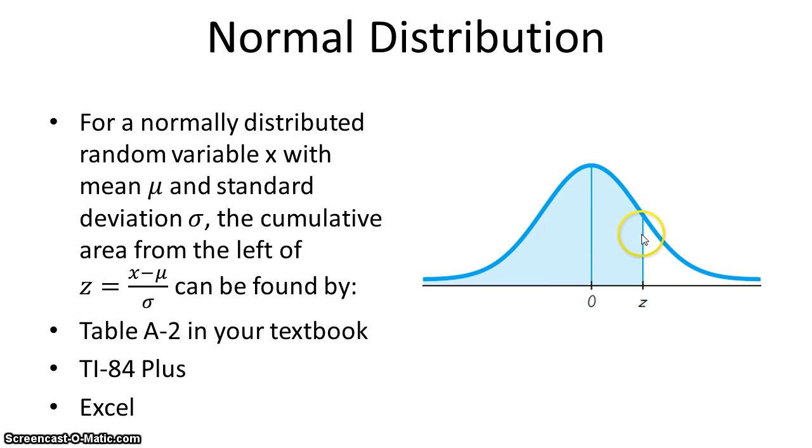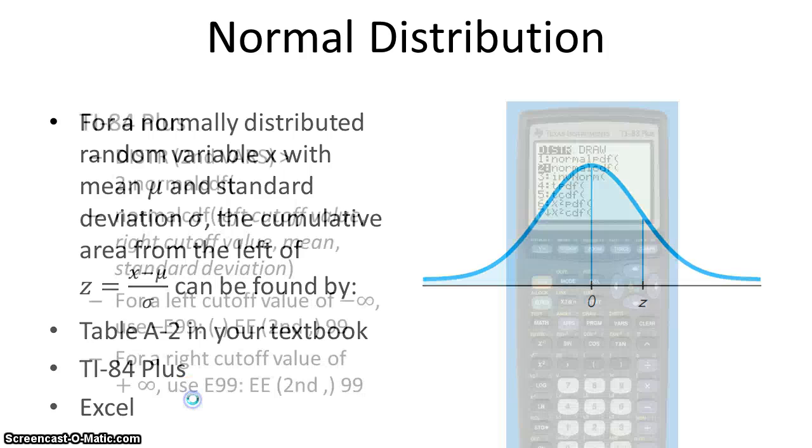So once we've computed the standard score for some value from a normally distributed random variable with a mean and standard deviation, then all of the areas will always be cumulative areas from the left. The way that we can calculate these cumulative areas is to use the standard normal distribution table in the book, or we can use our Texas Instruments graphing calculators, TI-83 or TI-84, and we can also use Excel.